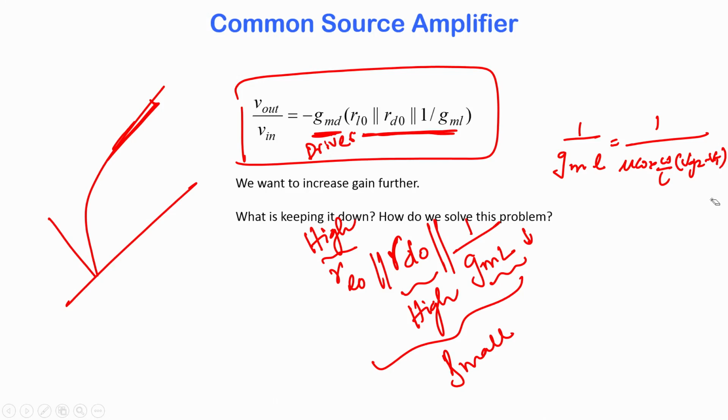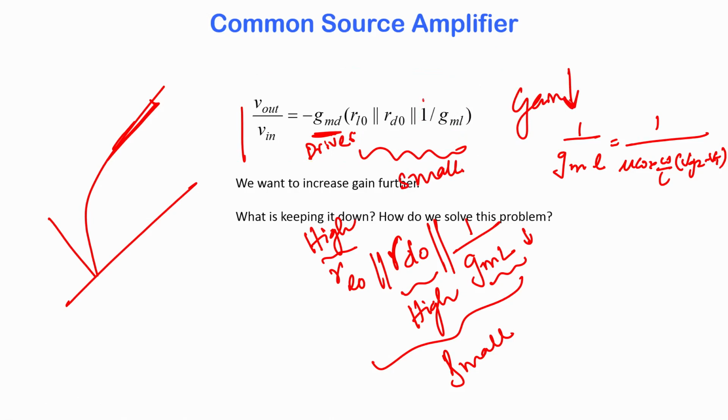So, 1 by GML is very small, this is a small term, and therefore, this entire parallel combination is going to become small, and therefore, the gain is going to become small. If only this GML term were not present, the gain would be very large.